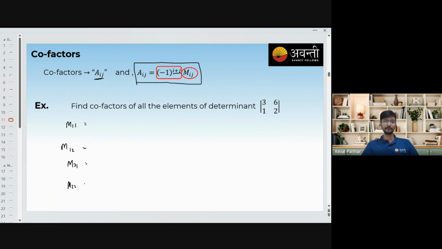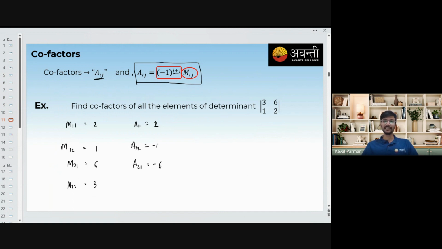Correct. So what is M11? Delete first row, first column. Delete first row, second column. Second row, first column. Second row, second column. What are cofactors? Just look at the power. This is ij. So 1 plus 1 is 2. -1 raised to the power 2 is +1. So it will be 2. A12 will be -1.